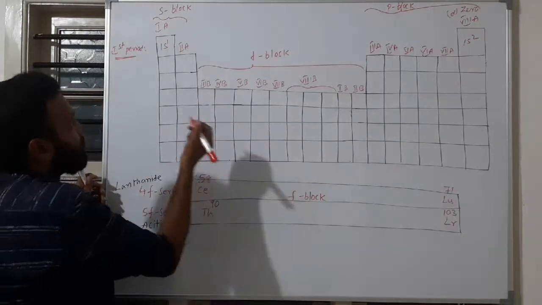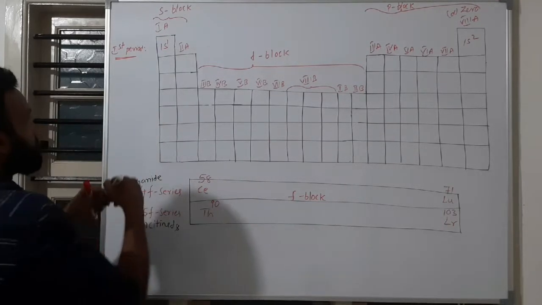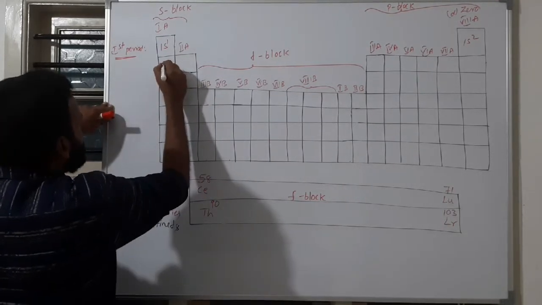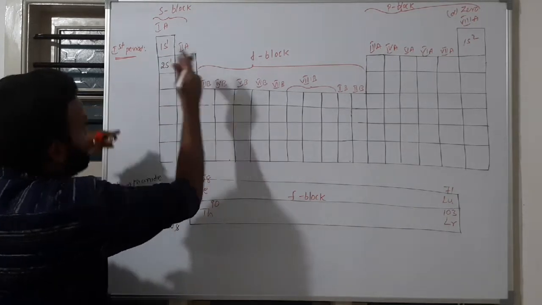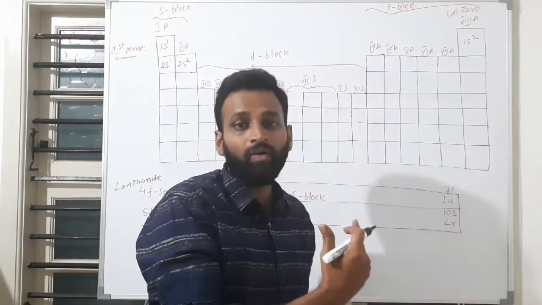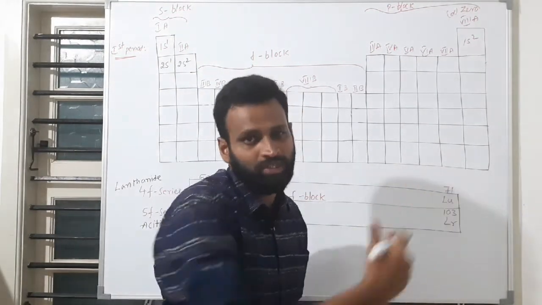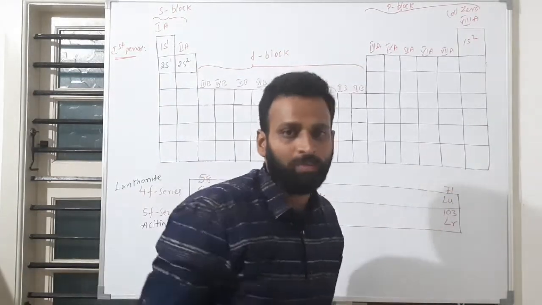After 1s we have to fill 2s. After the 1s subshell we will fill 2s, so here 2s1, and continuously we fill the subshells according to their energy, following the increasing order of energy of subshells.